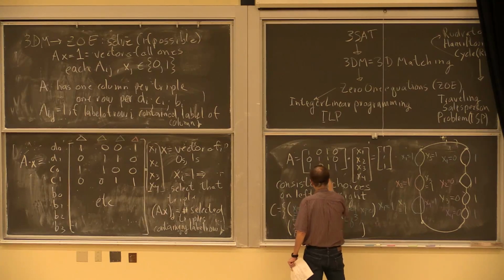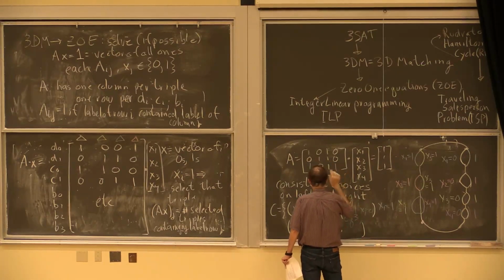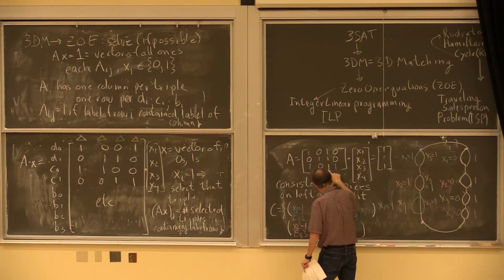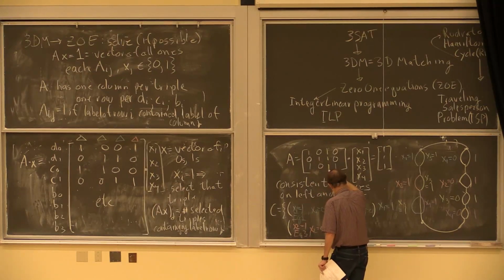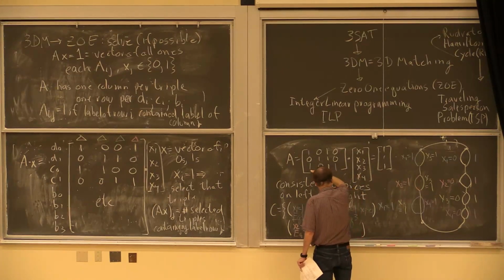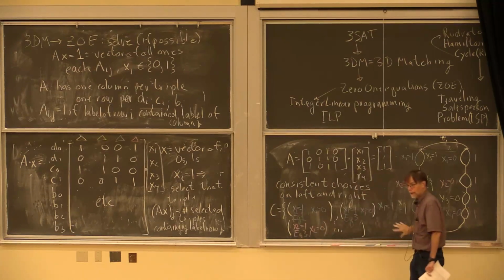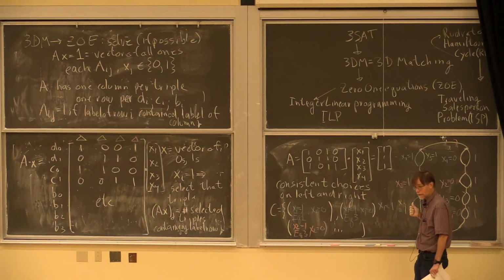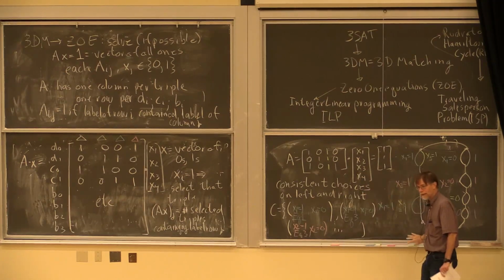Yeah, so I can either pick x2 equals 1, or I can pick x1 equals 1. Sorry, let me get this right here. Yeah, this is equation 3, sorry. So I can either pick x2 equals 1, or I can pick x1 equals 1, or I can pick x4 equals 1. I have to pick exactly one of those. Yeah, I didn't finish writing in all of them.